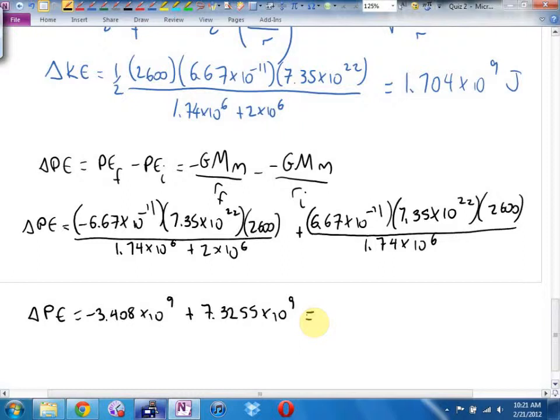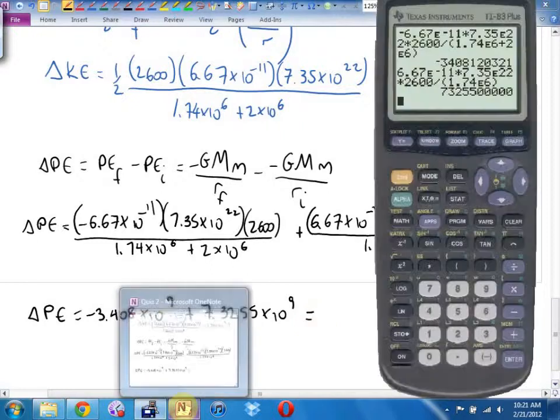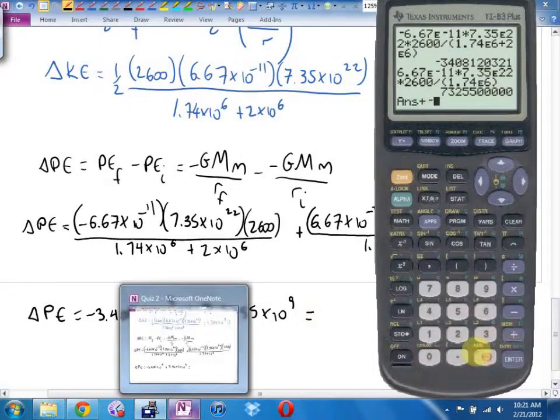So the change in potential is going to end up being that number plus negative 3.408 times 10 to the 9th. Come on, decimal.